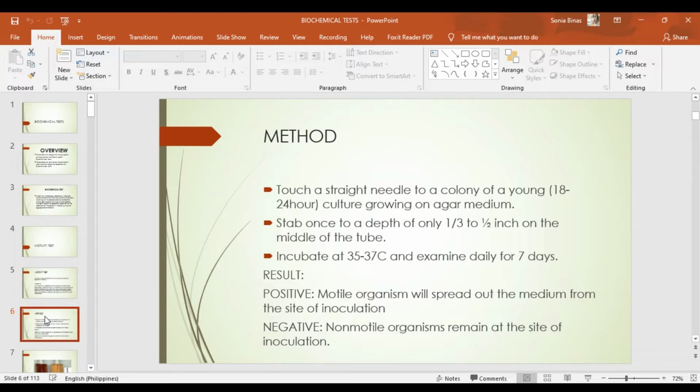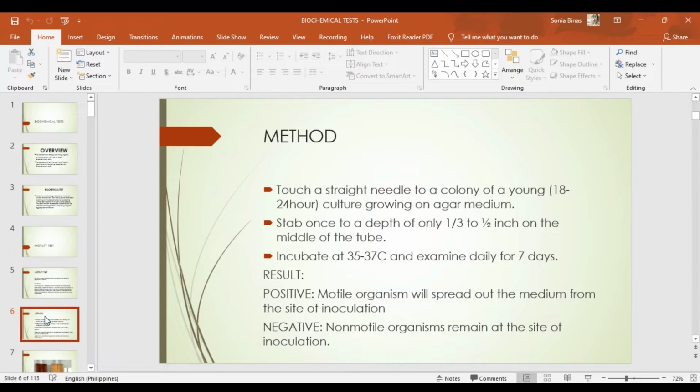So the positive result: the motile organisms will spread out into the medium from the site of inoculation, while the negative result is that the non-motile organism will remain at the site of inoculation.